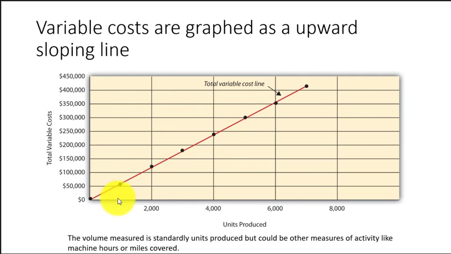And so if you wanted to know how much of this you needed to spend on this variable cost, and you knew that you were going to make 4,000 units, or your plan was to make 4,000 units, you could go up to here on this graph and find how much it would cost to make 4,000 units. All right.